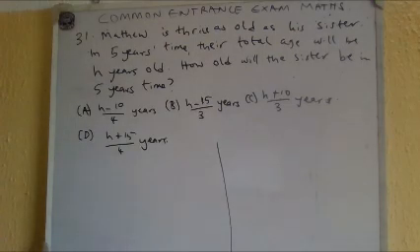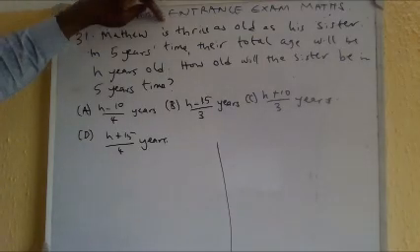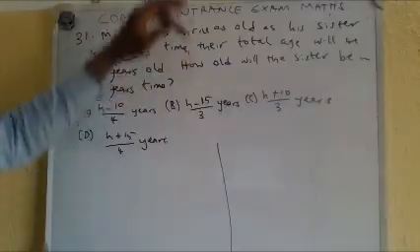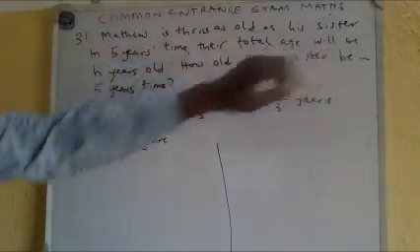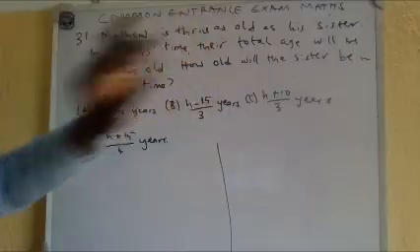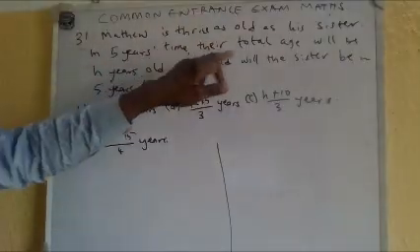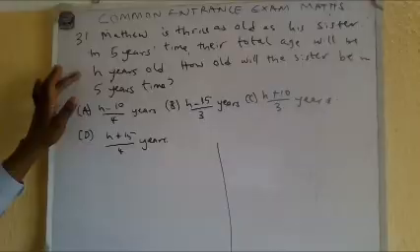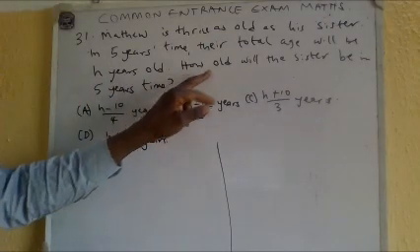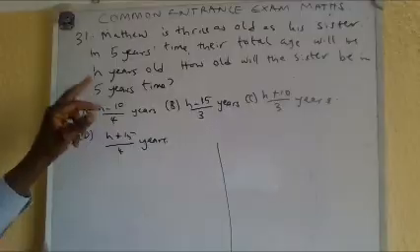Okay, so this is the next question, number 31. It says Matthew is thrice, that is 3 times, as old as his sister. In 5 years' time, their total age will be H years old. How old will the sister be in 5 years' time?